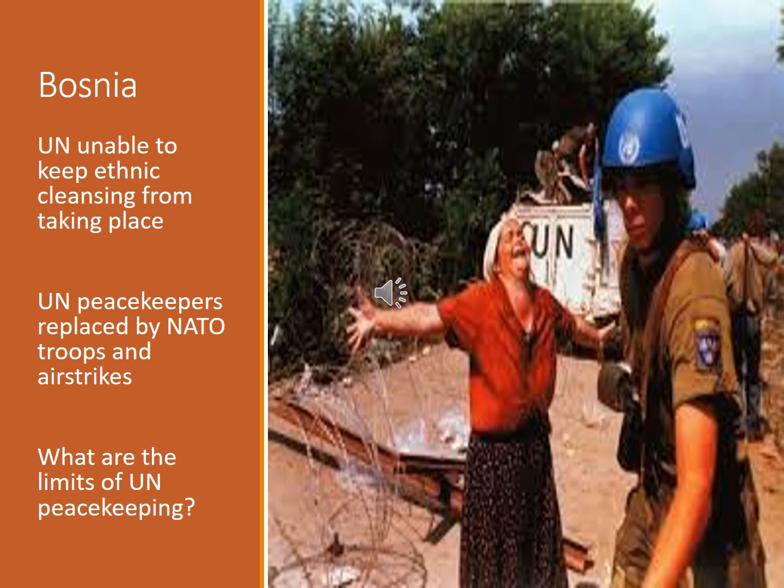When you have situations of active ethnic cleansing, you're going to need to do something more than simply observe and report. You're going to have to, if you're intent on stopping the genocide, get actively involved.